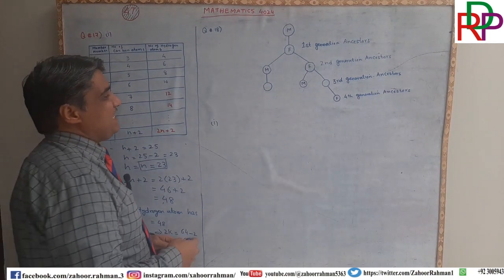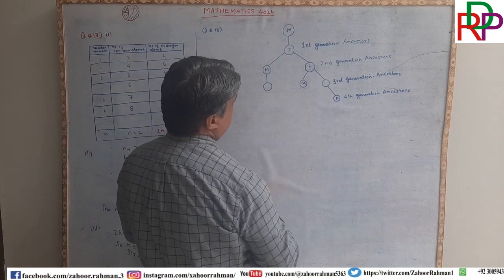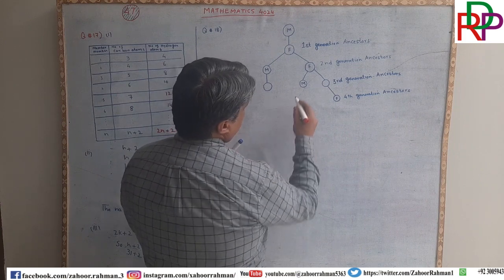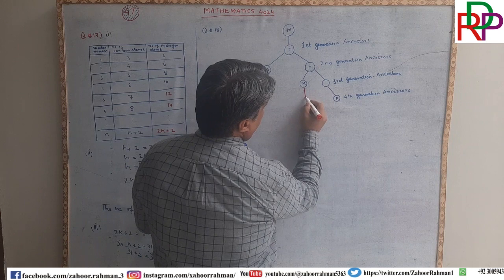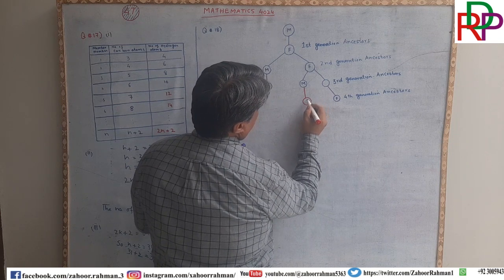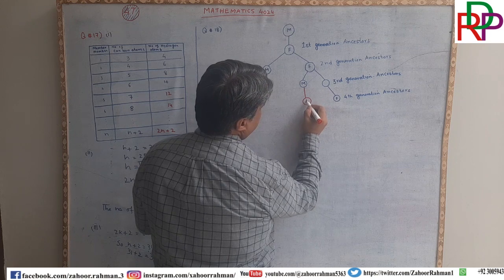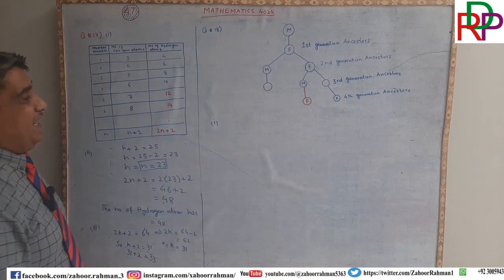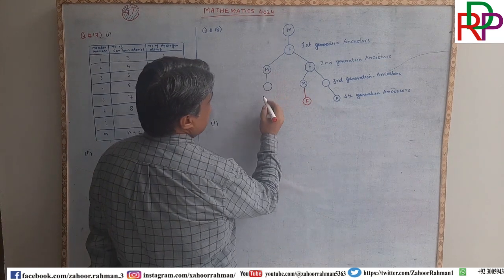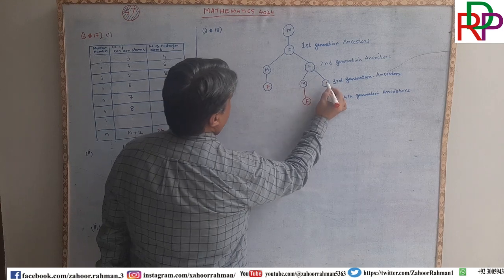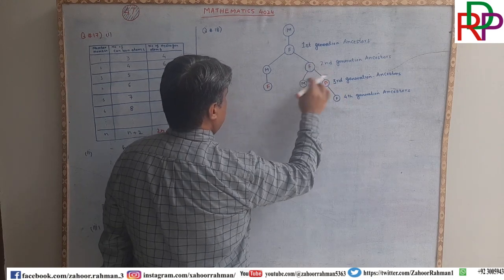Ladies and gentlemen, they are saying that complete this. Because this is male, it will have only one parent, which is F. And because this male is having F here, F will also be here.